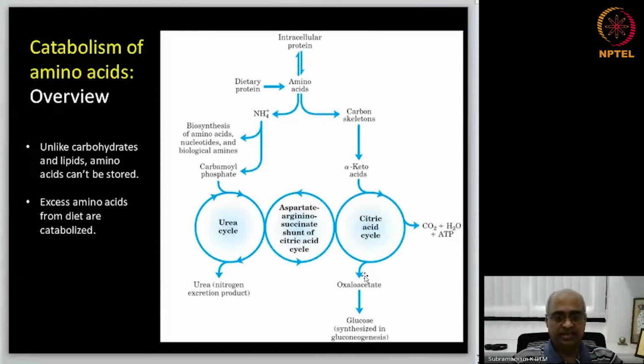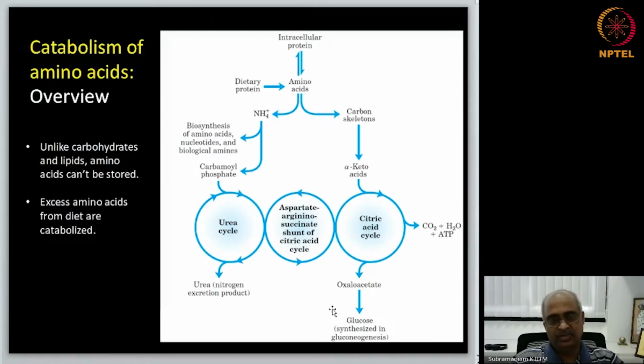And excess oxaloacetate will be used by the gluconeogenesis pathway that we discussed earlier to make glucose. So ultimately, if your diet is deficient in carbohydrates and lipids, then energy will be derived from amino acids.